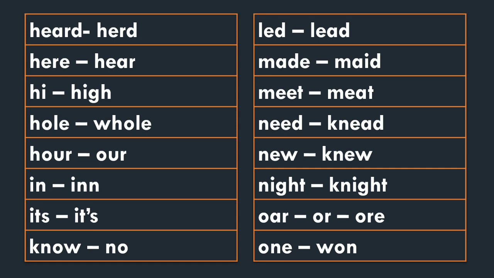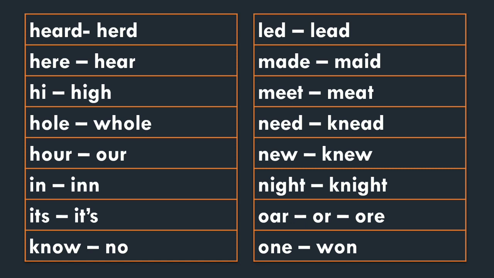When you sit in a boat and you pull the water, you use that particular instrument, which is called an oar. Next is OR, a conjunction that we use to give a choice, this or that. The next is ORE. It's a kind of material obtained from rock or earth that is made into some metal, for example, we say iron ore.